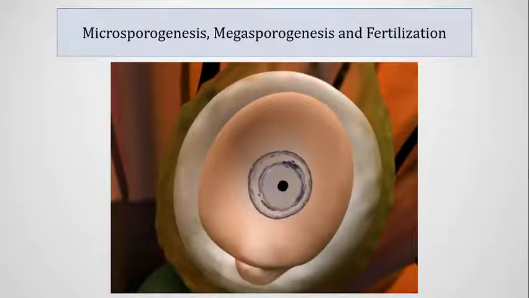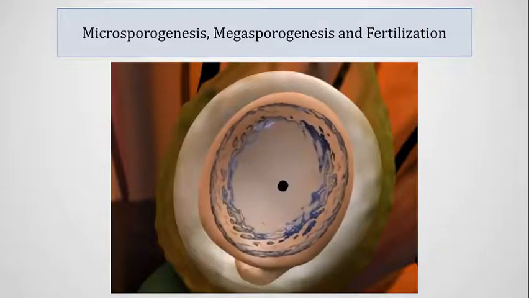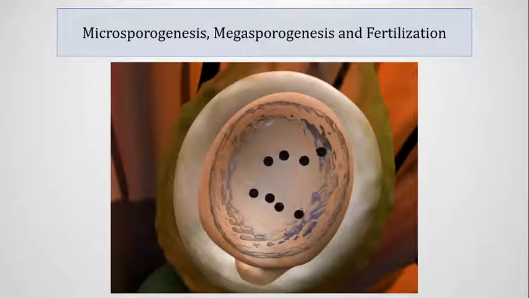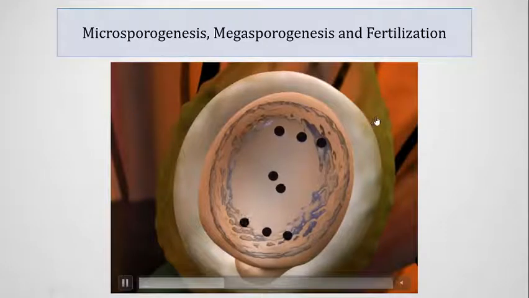So this only 1 megaspore will form the embryo sac, and the nucleus of this megaspore divides mitotically to produce at first 2 nuclei, then 4 nuclei, and then 8 nuclei. Among these 8 nuclei, 2 nuclei will come to the center to form the secondary nucleus, and the rest 3 and 3 will go to the opposite poles of the embryo sac.